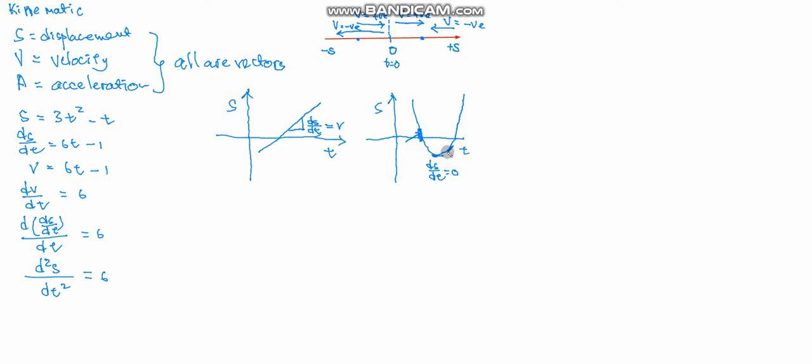Now look carefully: if we slant this side, the gradient, or the velocity, is positive. You look at the gradient at this point here, the gradient is negative. By the time we reach the turning point, the gradient becomes 0.